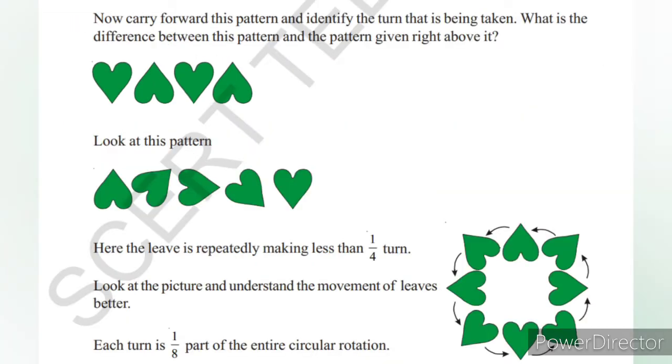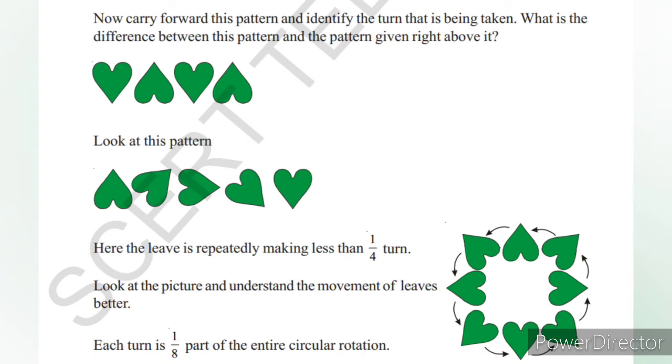What is the difference between this pattern and the pattern given right above it? You can see edges below, next pattern edges above. Same, half turn. Both are taking half turns.